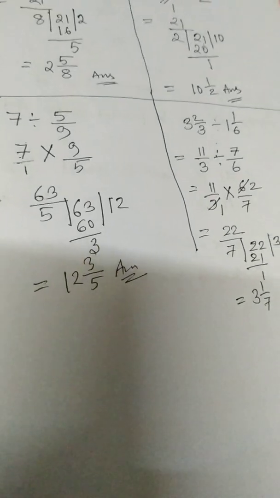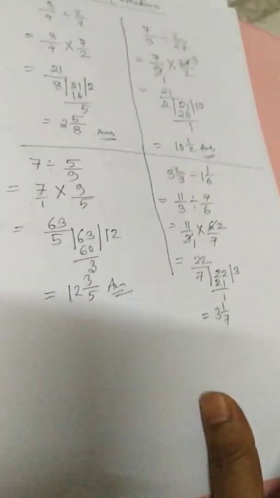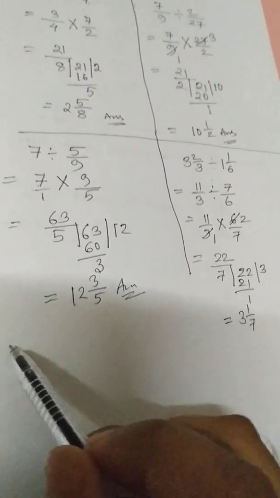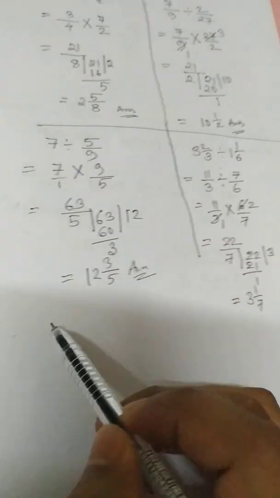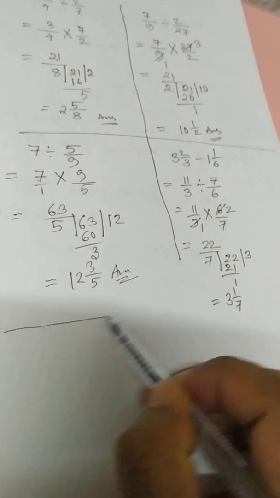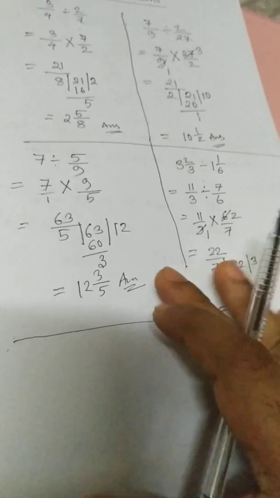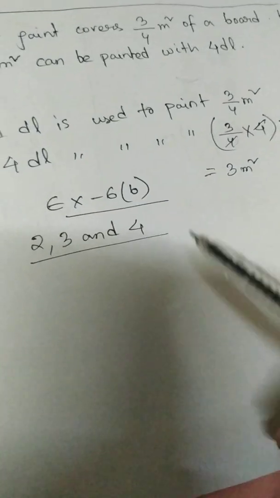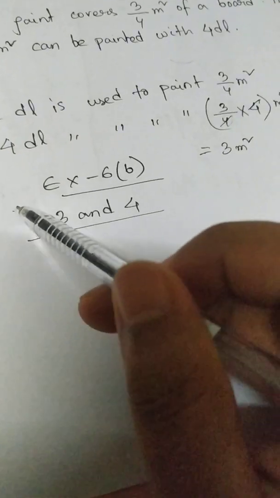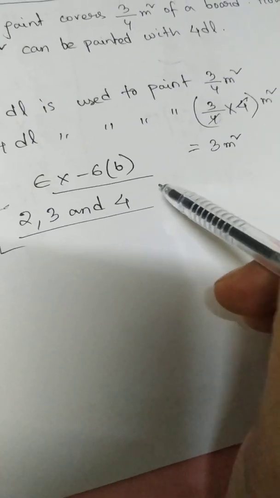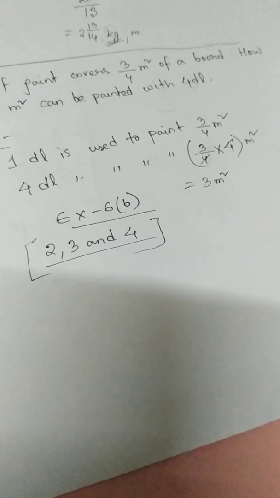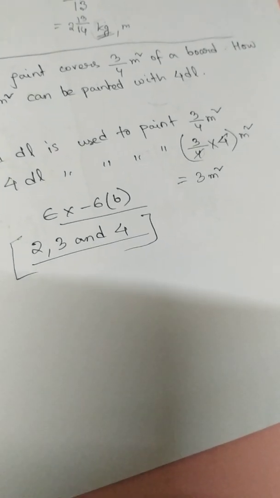Okay, so now let's give you some tasks to do at home. I have asked you to do from exercise 6b. From exercise 6b, complete the word problems 2, 3 and 4.